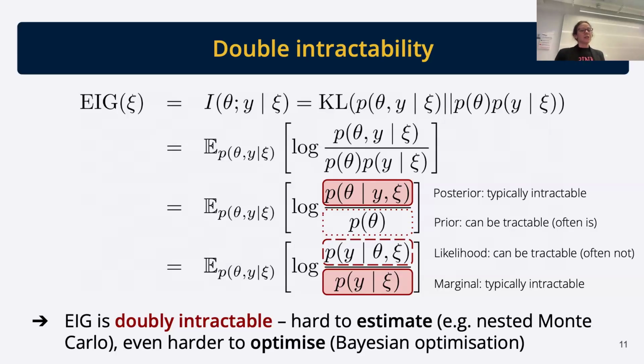So as a result, this EIG is super hard to work with computationally. It is hard to estimate, as we generally require nesting of Monte Carlo estimators, and it's even harder to optimize. And typically what has been done in the past is running some form of either heuristic random search or grid search, or gradient-free Bayesian optimization.